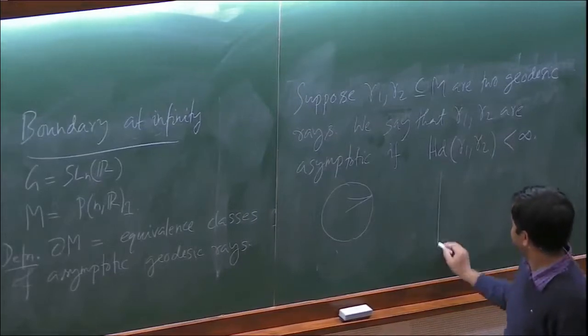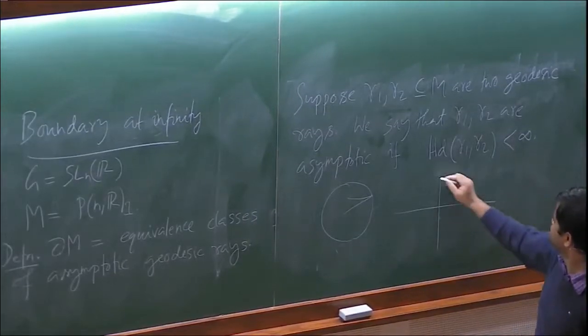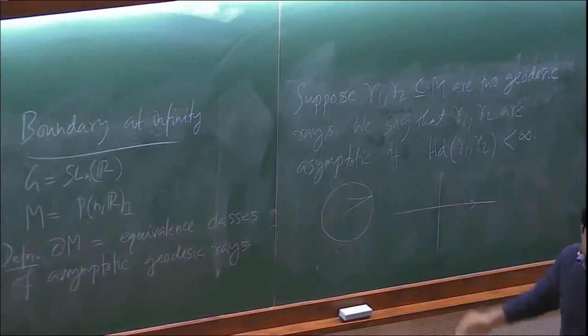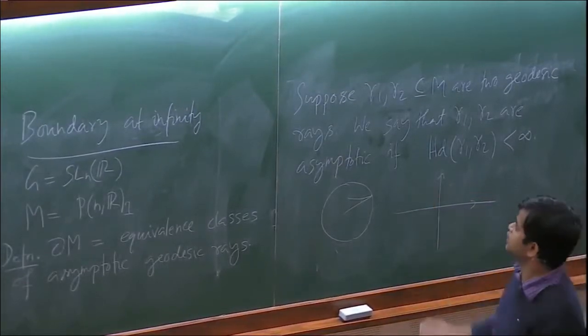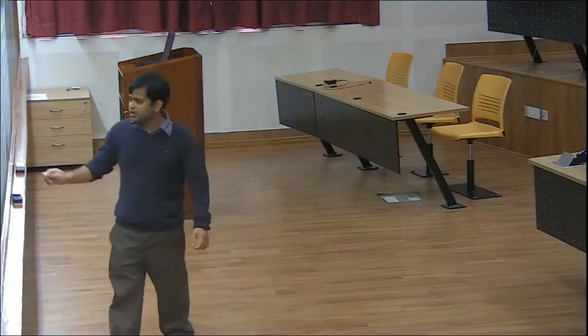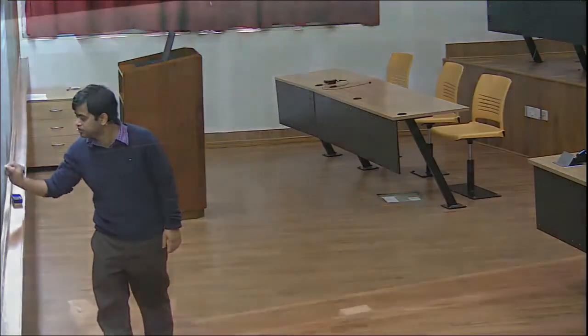And for the plane, if I take the x axis and y axis, they are clearly not asymptotic. Their Hausdorff distance is not finite. So we consider all the geodesic rays which are asymptotic. This defines an equivalence relation on the set of geodesic rays. We say gamma 1 is equivalent to gamma 2 if their Hausdorff distance is finite. The set of all equivalence classes I'll denote by ∂M. This is called the visual boundary.